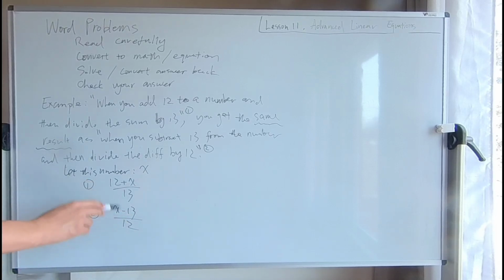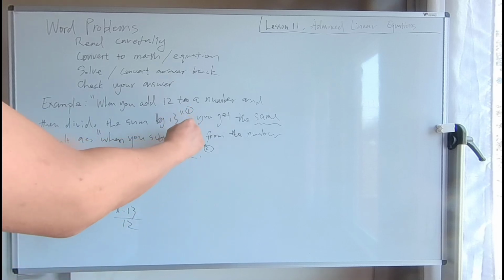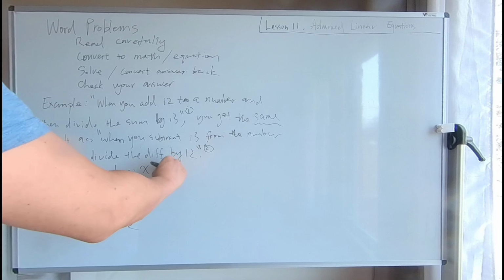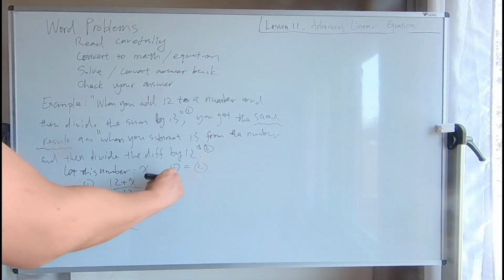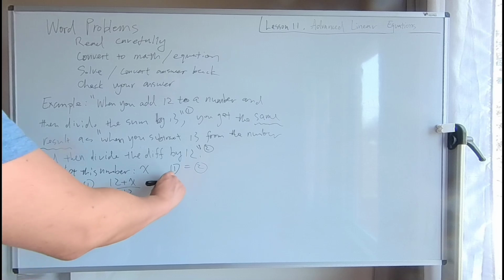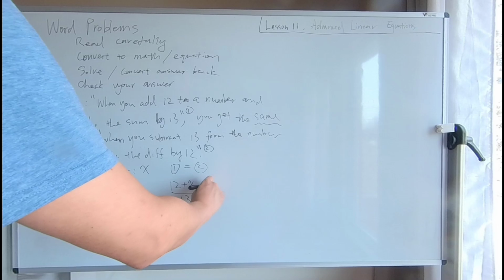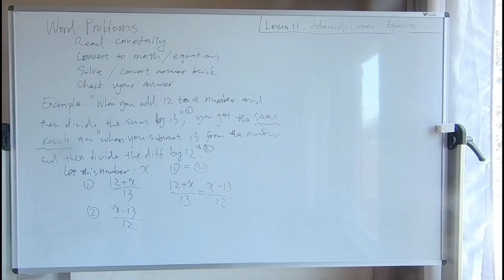So I have two expressions from this word problem. And how do I construct the equation? I also got the statement saying that I should get the same result from these two, which means they should equal each other. So I have (12 plus x) over 13 equals (x minus 13) over 12. This is my equation from this word problem.